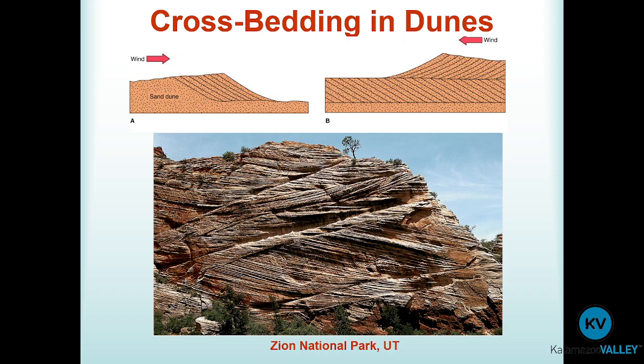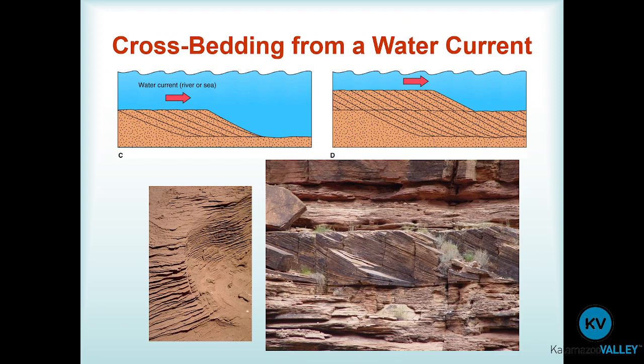Wind deposits are much more susceptible to full changes in direction because it's less predictable and the wind direction can change. Whereas with water-based deposits or water current, especially if it's an asymmetrical ripple, you're not going to have a change in that current, because if it's a flowing river, that river is going to flow from high to low. The river won't suddenly start flowing uphill.